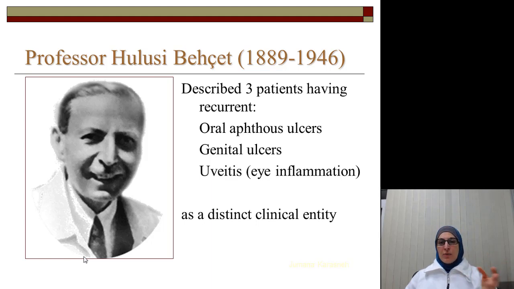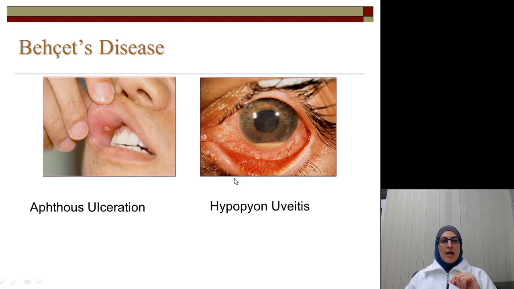Behçet is the name of a dermatologist who recognized the condition in 3 patients that developed oral ulcers, genital ulcers, and uveitis, and they thought that this is a triad of these 3 conditions and gave it the name Behçet's disease.